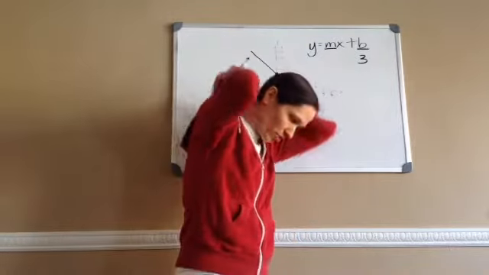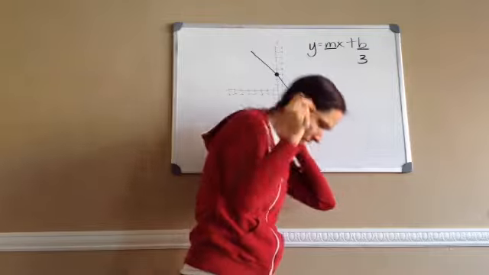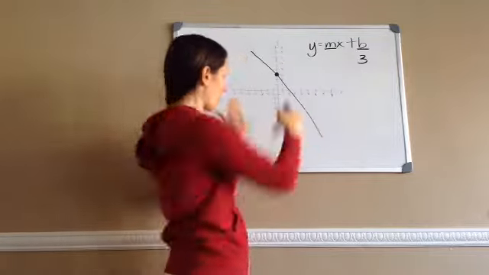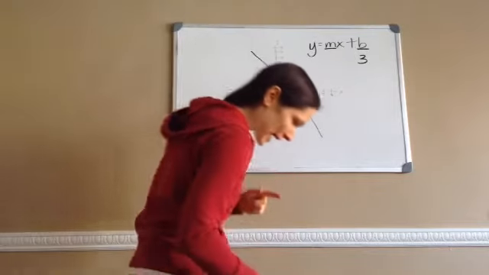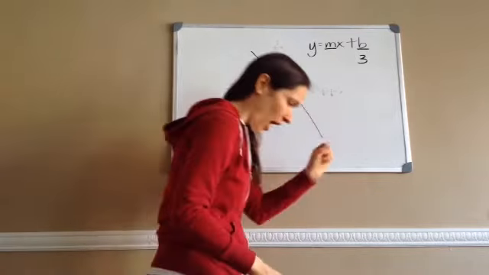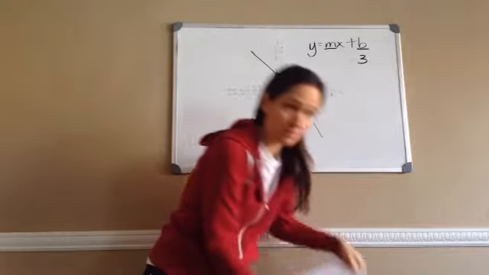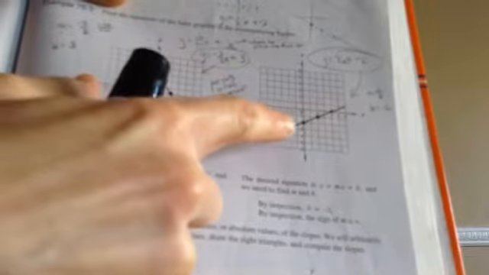Now, here's what I want you to do. If you can look at your book on page 309, I want you to see where this line crosses and makes a dot. For example, let me show you this on my book. Right here. Hopefully you can see. Let me zoom in for a sec. Sorry, we're doing this one.